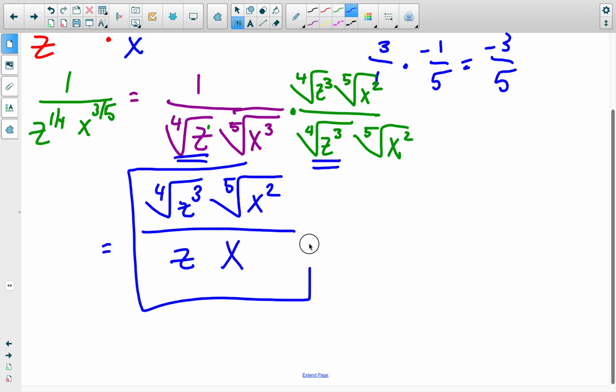And we are done. You may be wondering, can you cancel out these x's? Can you cancel out z's? No, you can't. The numerators are stuck in underneath the fourth and the fifth roots, so we stop here. Take a look at your practice and let me know what questions you have.